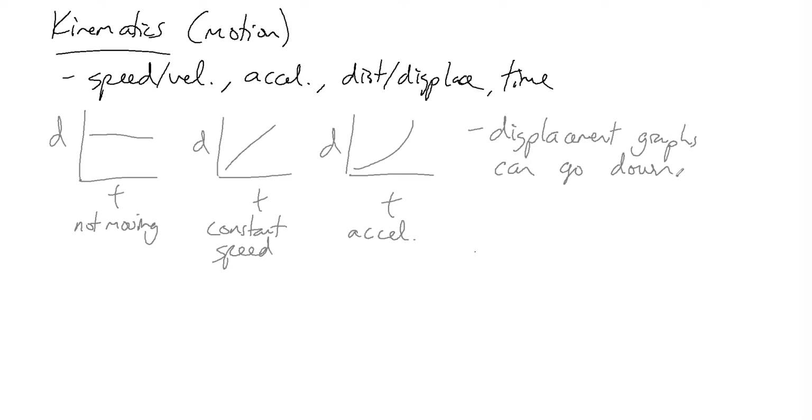So all 3 of these can be distance graphs, and all 3 could be displacement graphs. But what if the graph happened to be going down like this? That would be a displacement graph. Distance graphs can't go down. As long as something is moving, the distance you are traveling always increases.